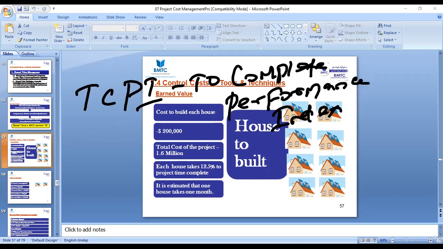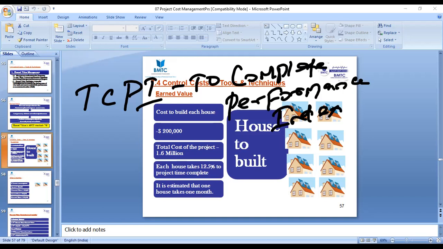If your CPI, your cost performance index, shows that you're spending $1 and you're getting less than $1 of profit, is it good or bad? Bad, right? In the case of CPI, anything equal to 1 and above 1 is good. It's profitable.